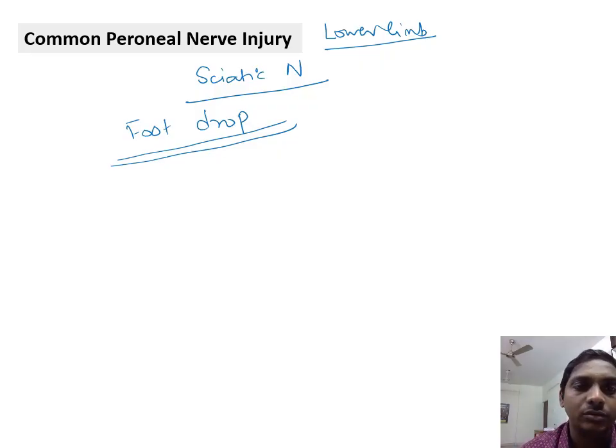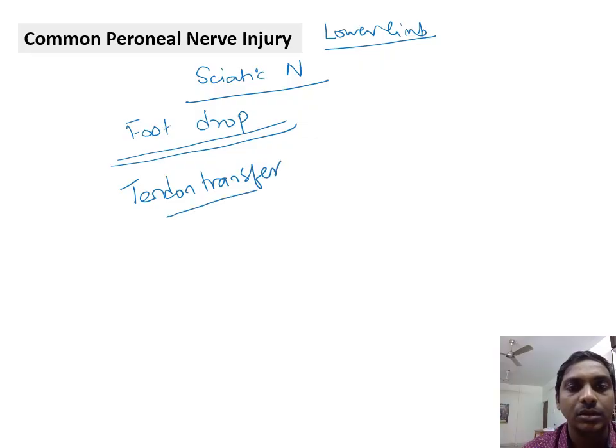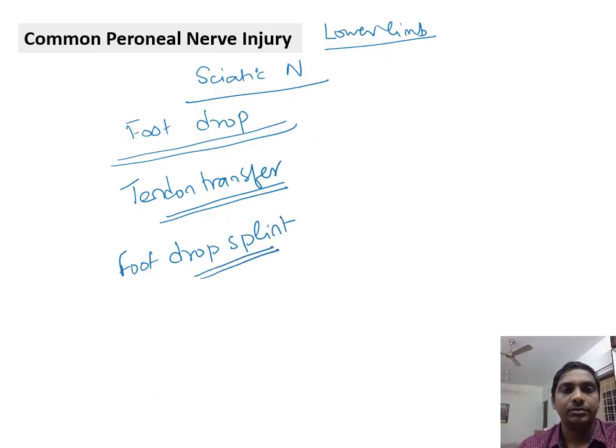This also usually requires tendon transfer, and mostly people will use a splint and boots, managing the nerve injury conservatively, right? These two nerve injuries are quite rare, and that's why I have not explained them in detail.